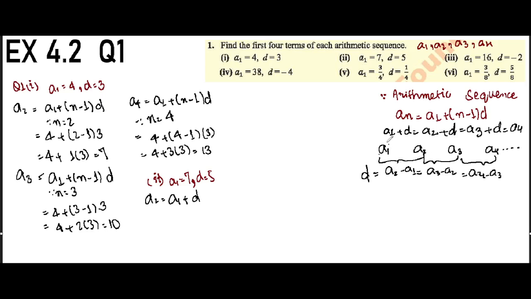Now while using this concept, just imagine what will be the value of a3 minus a1. Let's do it. a3 minus a1 will be equal to a3 minus a2 plus a2 minus a1, right? Because this whole difference will be equal to this difference plus this difference.